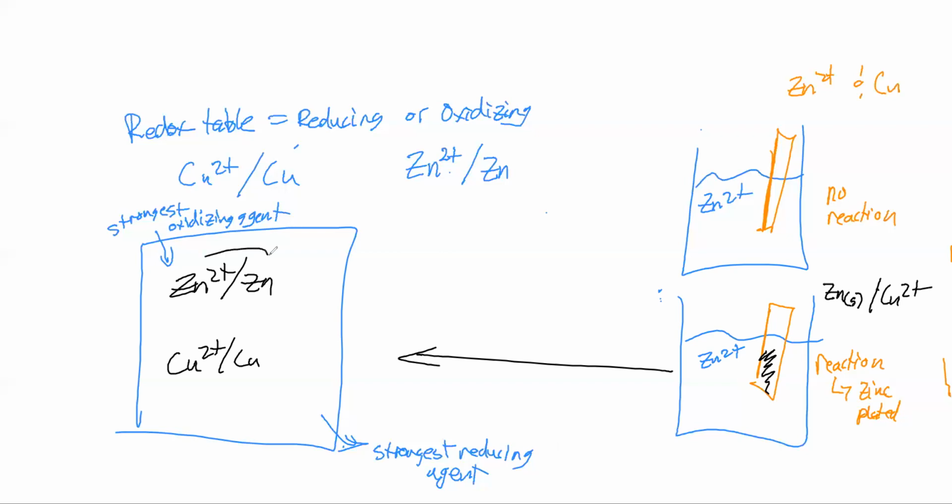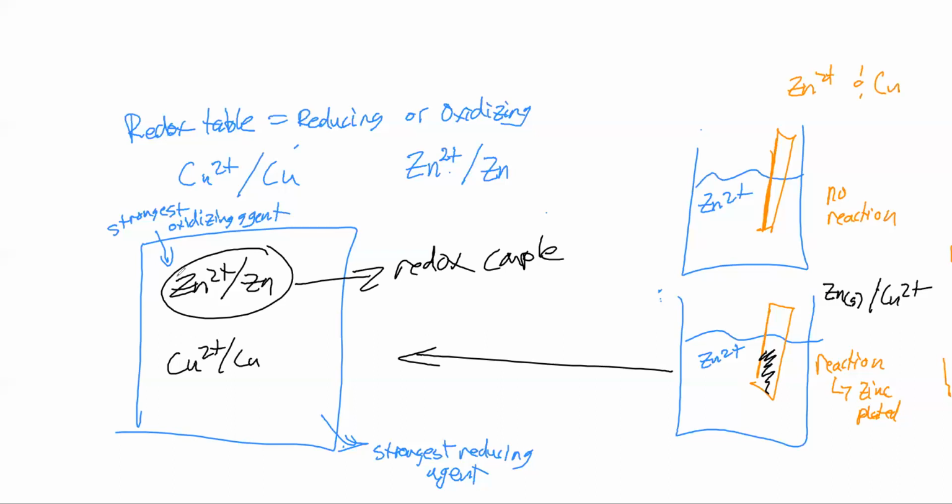Now, each of these pairings is called a couple, a redox couple. Because we're comparing their forward and their backward reaction of the ion going to the solid going to the ion. And once we have a chart where we can see which one reduces and which one oxidizes for all of them, then we can compare several different ones.